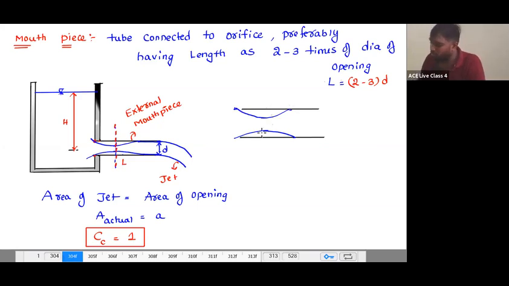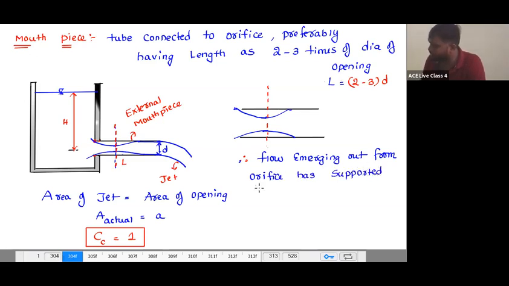Now my question is, in the zone of the vena contracta, observe over here, the flow emerging out from the orifice is supported by the mouthpiece.